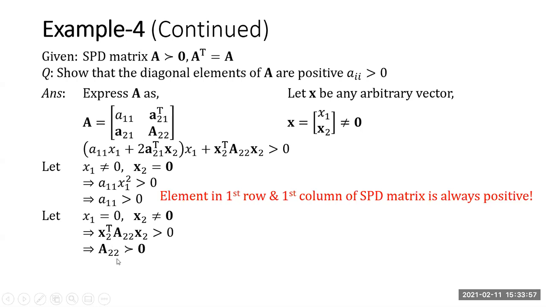And this matrix would begin with A22 instead of A11. So we use exactly the same proof to show that A22 is greater than 0. Okay. And likewise, we can proceed to A33, A44, and so on. Everything is greater than 0.